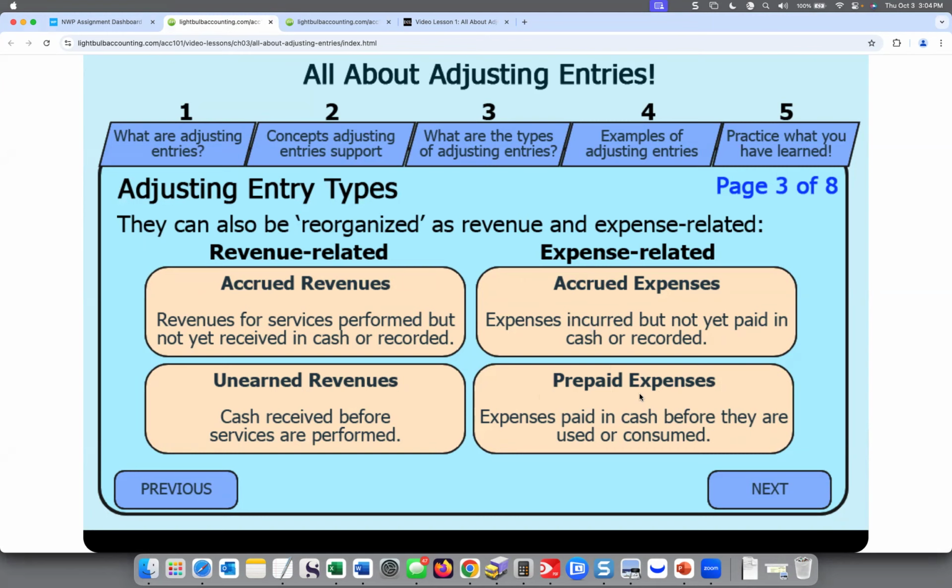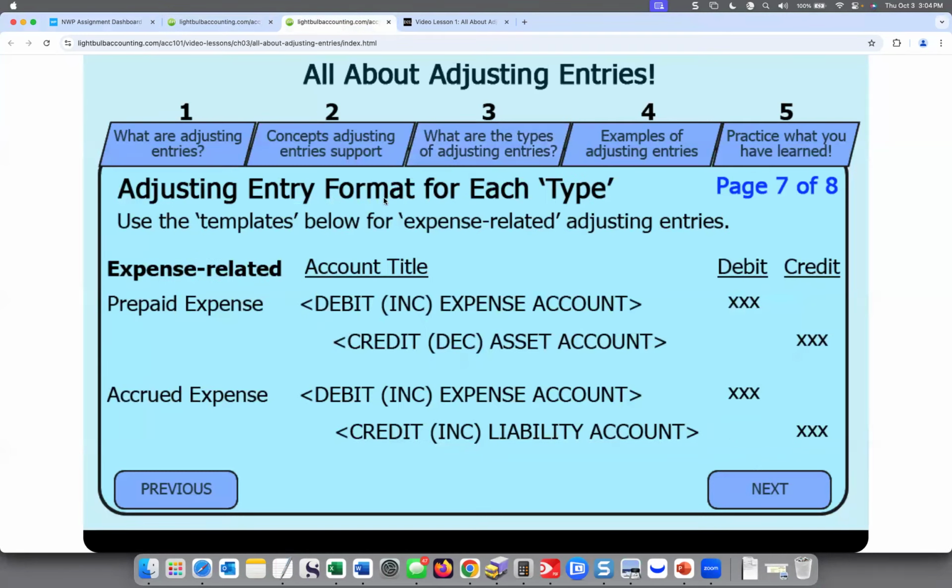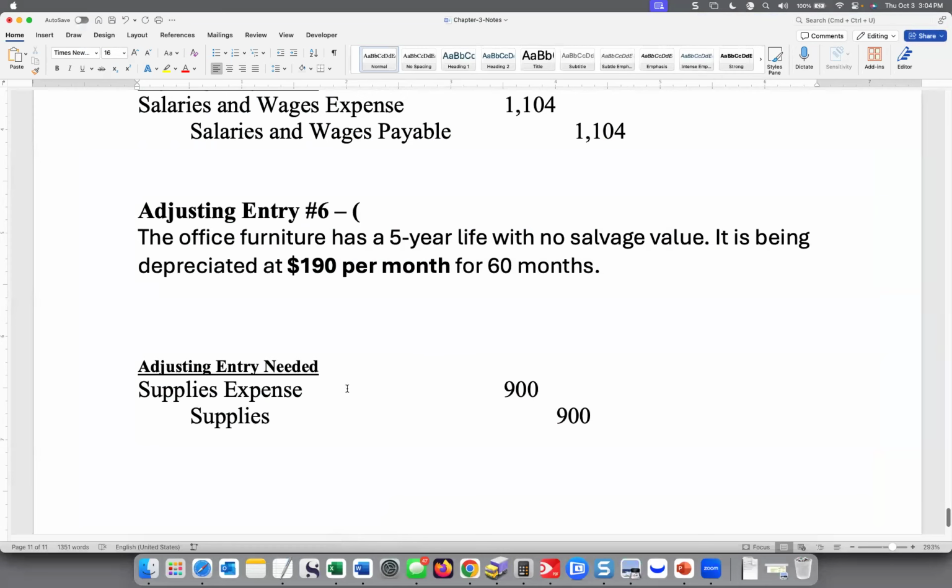Yep. All right. And that's one that's a little different, because if I look at the template under prepaid expenses, we need to credit an asset, but this one we don't. We actually credit something else. Okay. So if I'm looking for something expense for my depreciation, what would I call it?